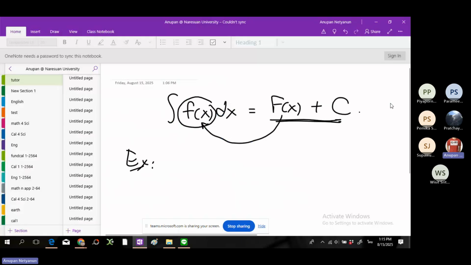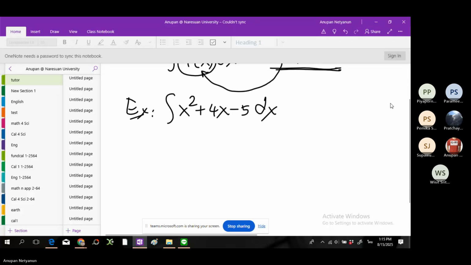Example: find the integral of x squared plus 4x minus 5 dx. I'm going to apply the properties of the integral to it. I see addition and subtraction signs in between, so the integral sign can distribute inside for each term.